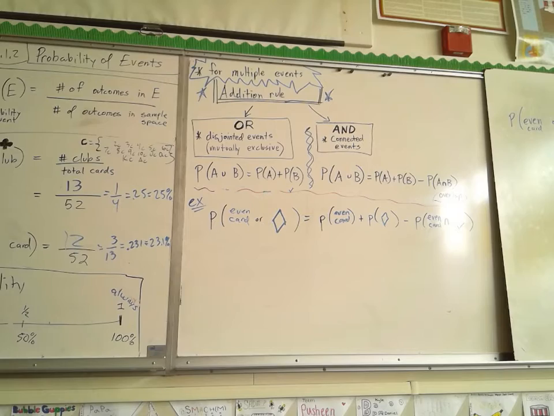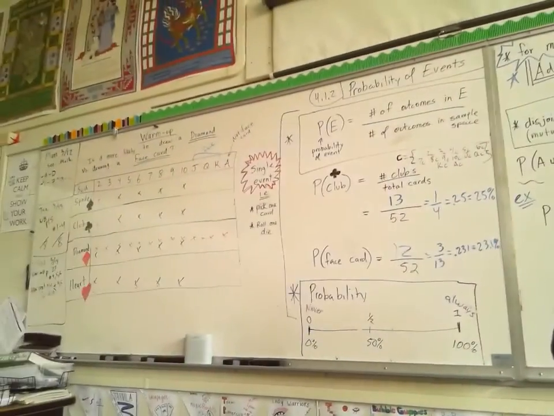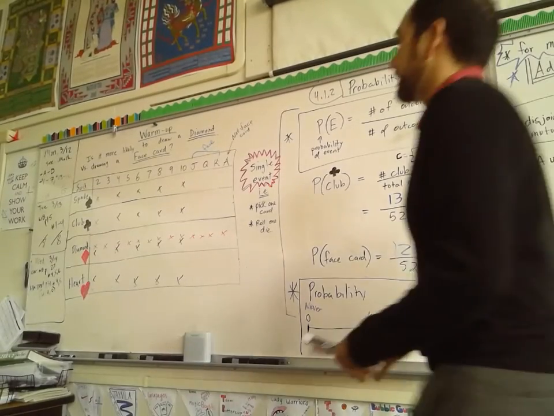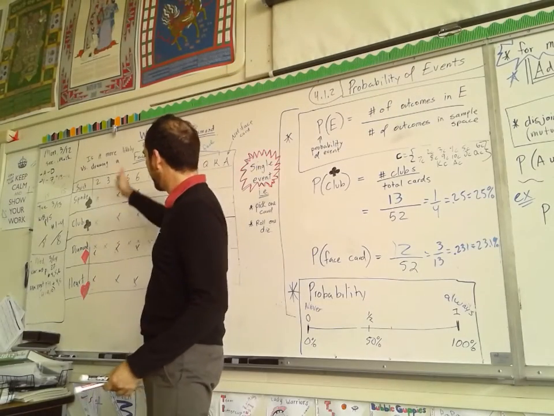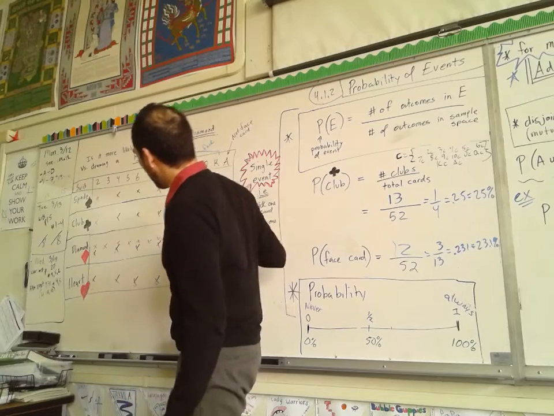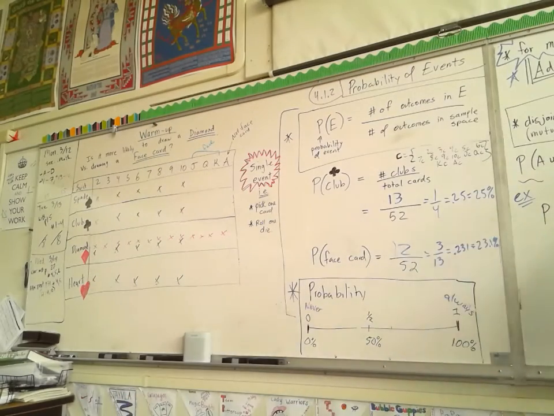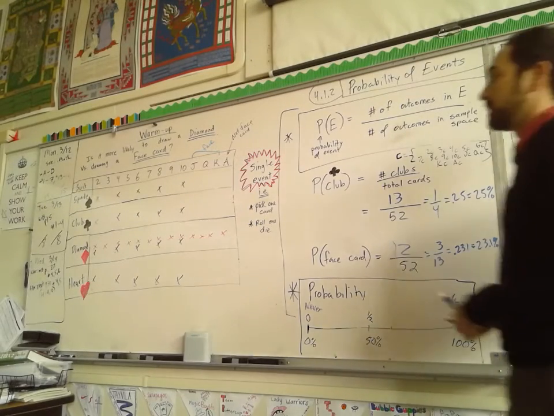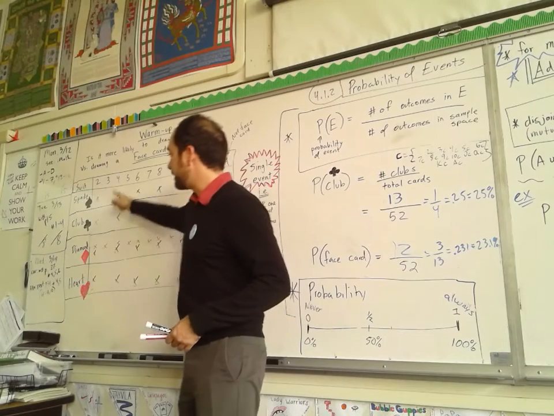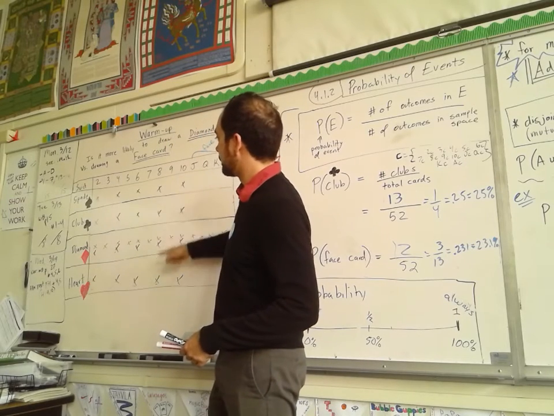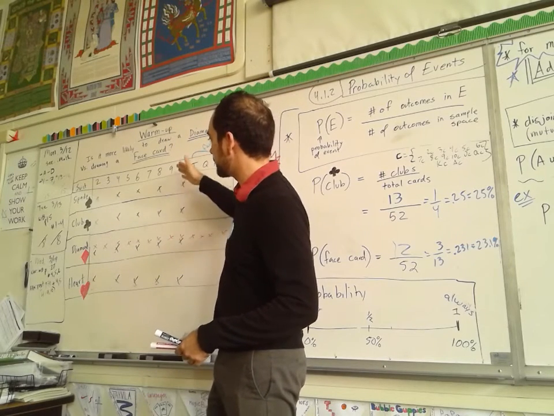Now let's look at that over here again. I filled in all of the even cards and all of the diamonds. If I count all my evens, how many are there? 5 times 4, rows and columns, you have 20.